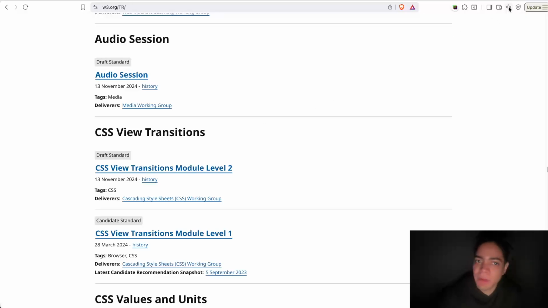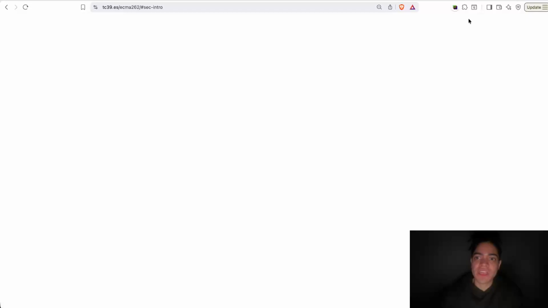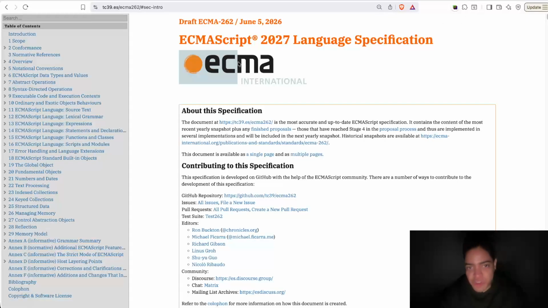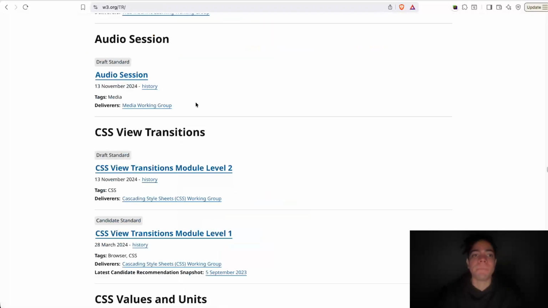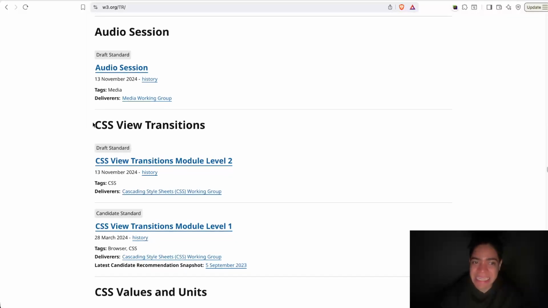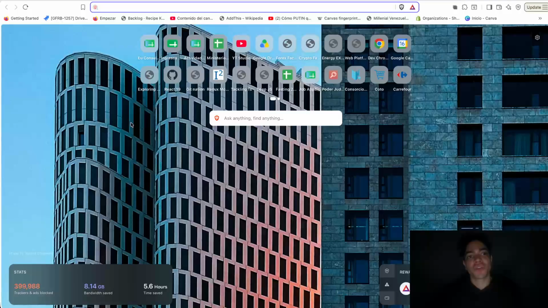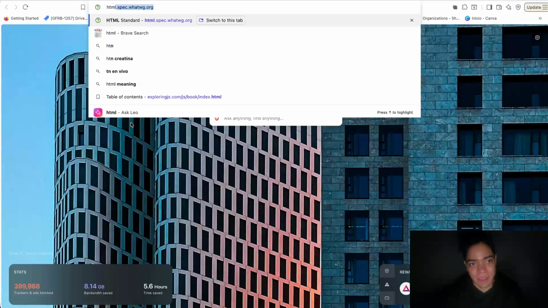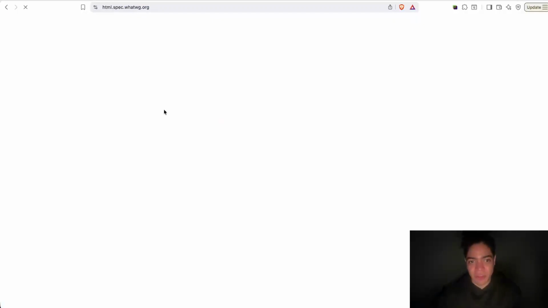So again, why am I showing this? It's because when you understand who made this, the group, the commit, the origins of this, as well as the different standards that are involved, not only in terms of the language to provide interactivity to the web, but also for defining the styling of your document. Documents like the HTML here, the living standard, right?